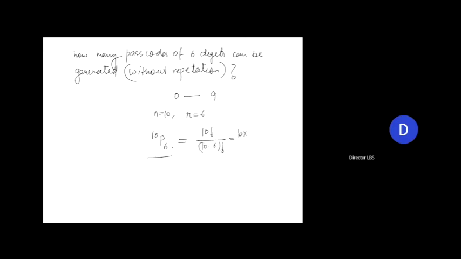And that is going to be 10, 9, 8, 7, 6, 5, and then 4 factorial divided by 4 factorial. It is going to cancel out. And the answer is 151200. तो अगर repetition allowed भी नहीं है और R keeps on increasing, in that case you are going to have a larger and larger number.